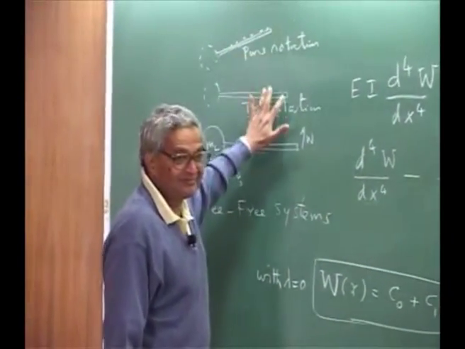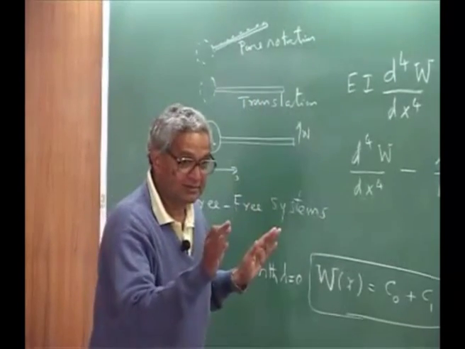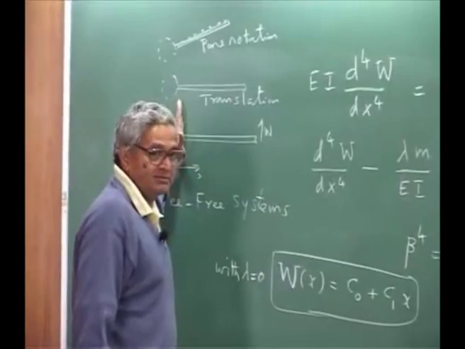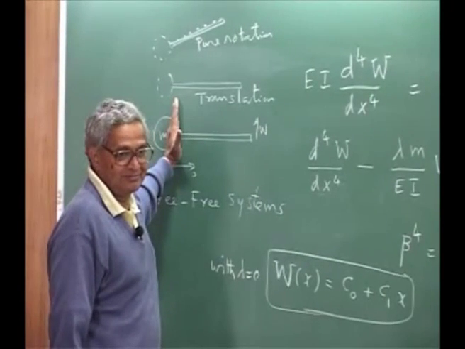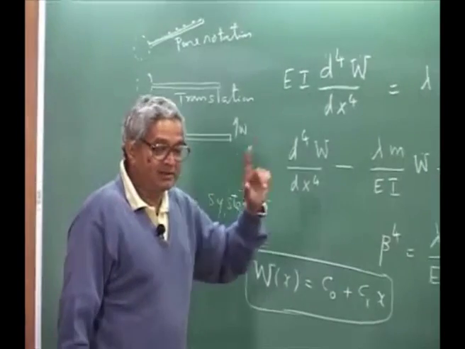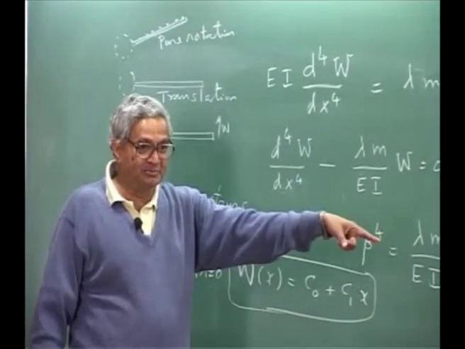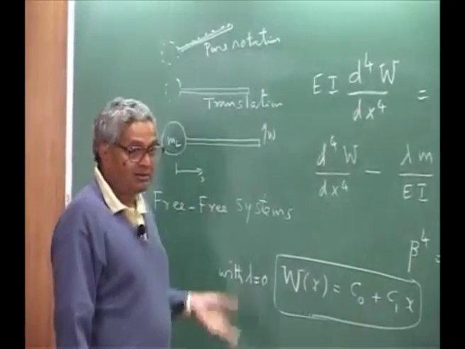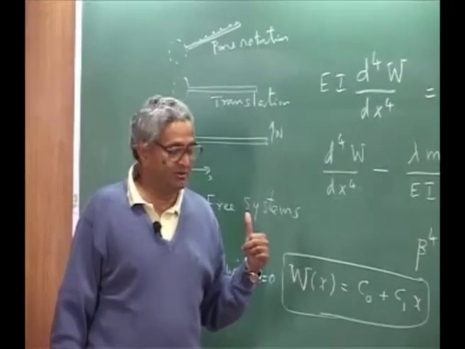You cannot remove these two unless you enforce that it is fixed, otherwise it can move. So don't think that the solution of a cantilever beam is a limit of having ML infinity. You can't.